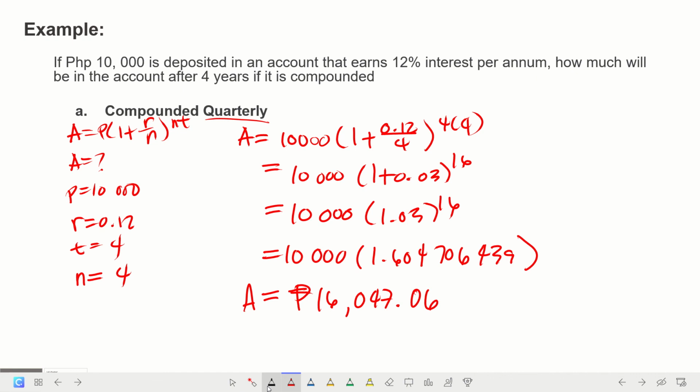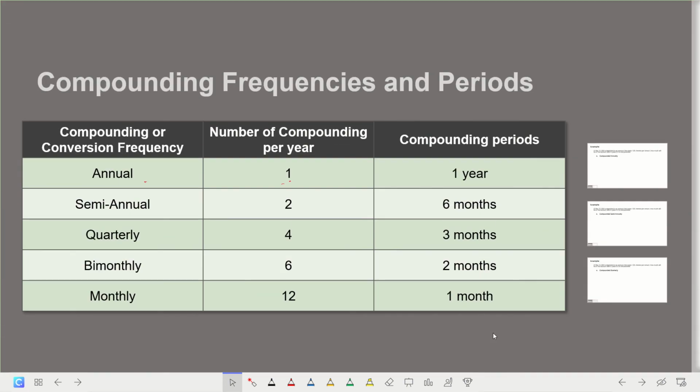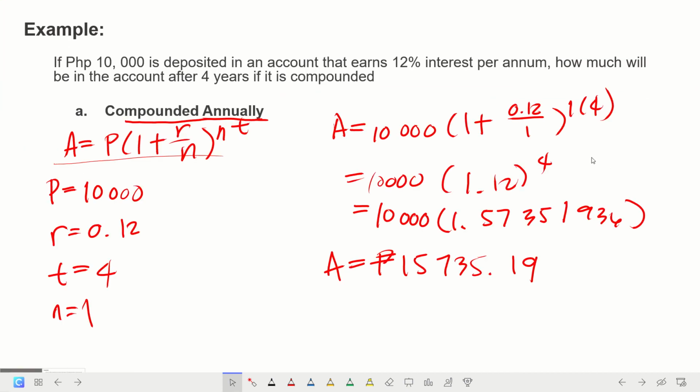Depending on the number of compounding, the value also changes. Let's see. Our initial value is the same here, right? The interval and the interest are also the same. But if you compound it more times, our value is higher. Looking at our first example, in letter A, the value when compounded annually is 15,735.